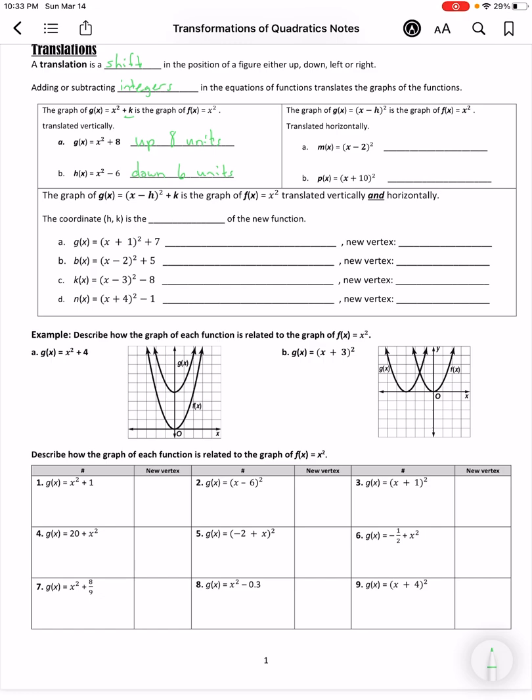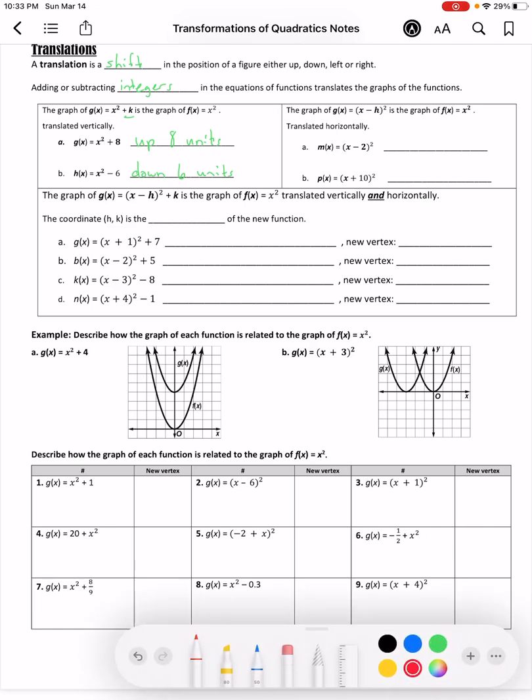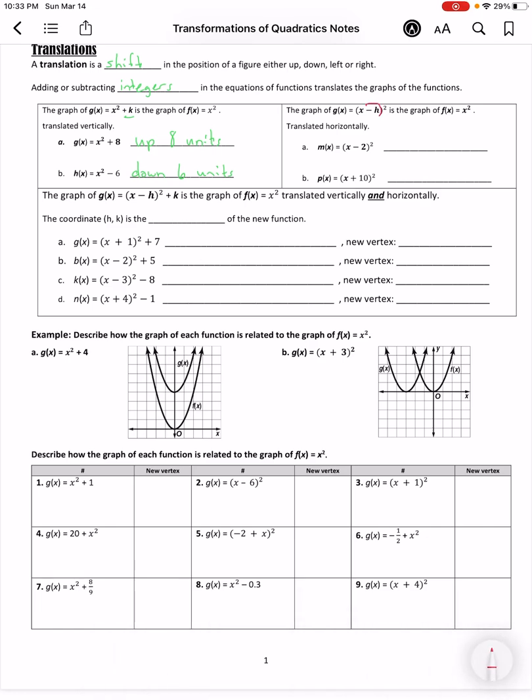Our next type of shift, rather than a vertical shift, would be a horizontal shift, or a horizontal translation. The graph of g of x equals x minus h all squared is the graph of f of x equals x squared translated horizontally. A key thing to note is this minus h right here. It's really important that we see that it is a minus h, which means that the number in parentheses is going to do the opposite of what would seem logical.